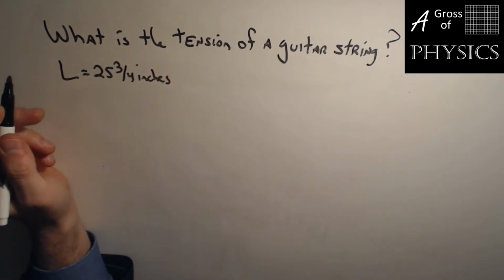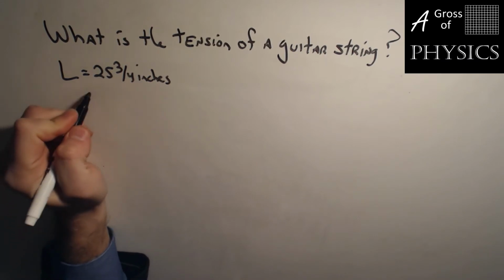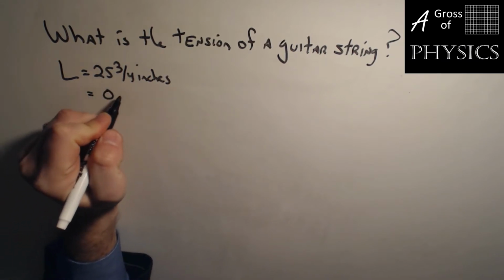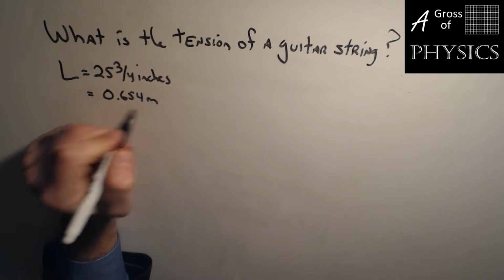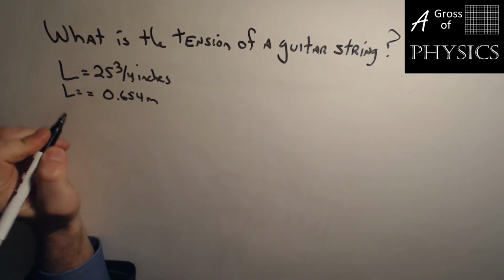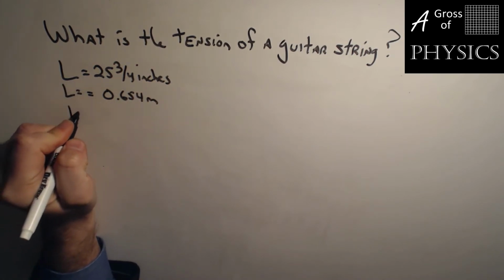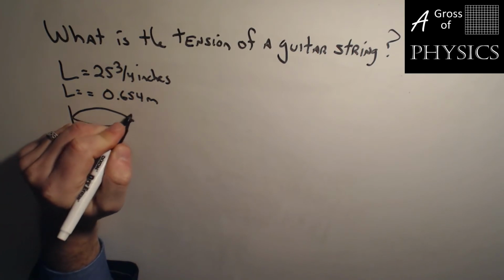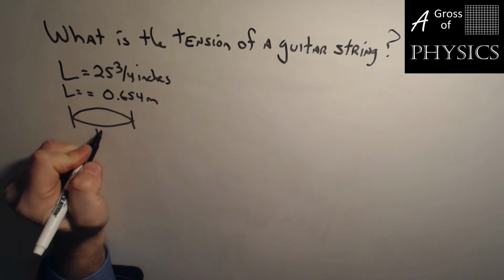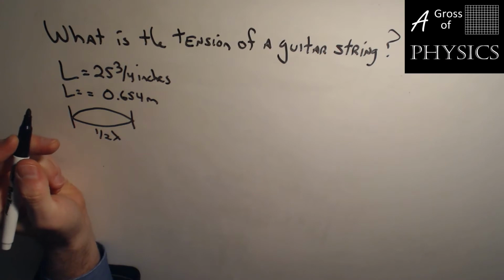Now immediately that needs to be converted, and I already did that. I get 0.654 meters, so L is that value. Now the fundamental frequency would be half a wavelength.